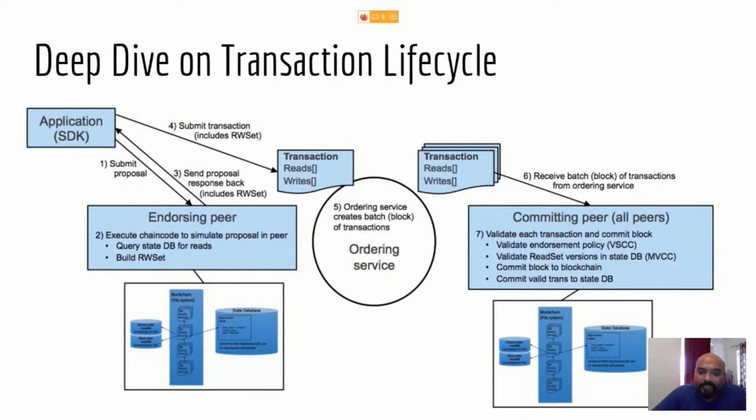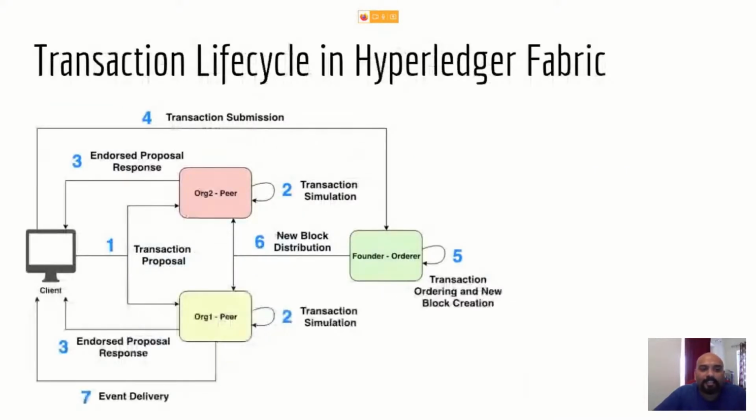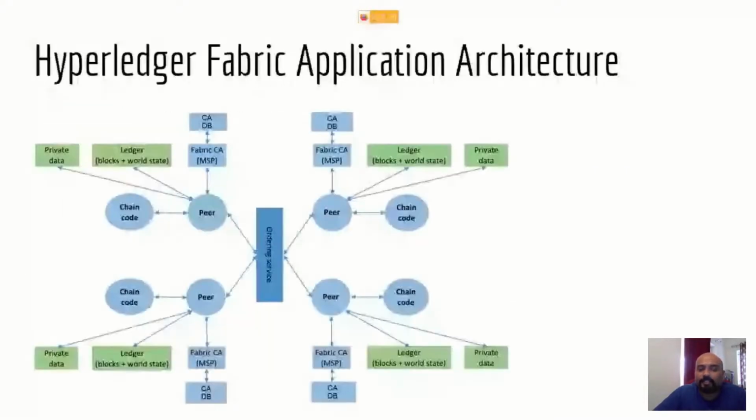Then they validate the read set version in the state database, commit the block into the blockchain, and commit valid transactions to the state database. So this much is happening inside a particular transaction.